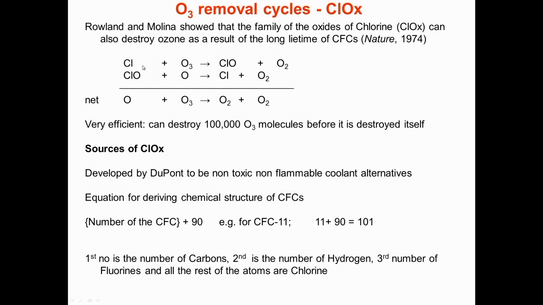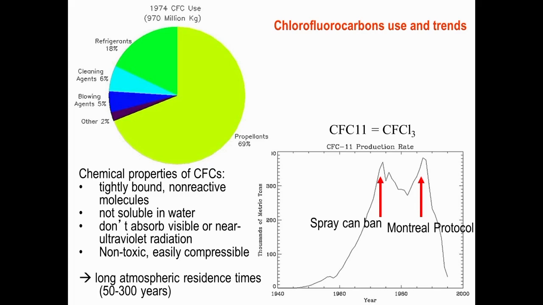So whenever there's photolysis of one CFC molecule to produce chlorine, you can destroy 100,000 molecules of ozone. So unlike the HOx and the NOx cycle, the ClOx cycle is really, really efficient. So you don't need much CFC to deplete a lot of ozone. Just a small amount of CFC can deplete a lot of ozone.